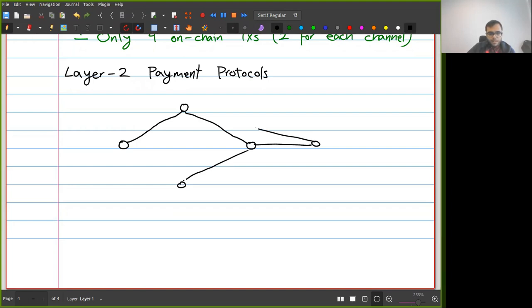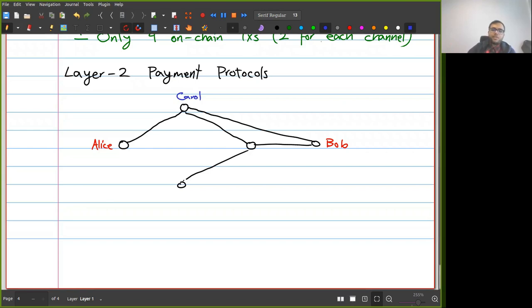Now, let's say this is Alice and this is Bob. If Alice wants to pay Bob, instead of paying Bob on chain, she can find a path of channels that goes to Bob. So maybe Alice finds this one here. Let's call her Carol. Let's say Alice finds Carol as an intermediary.